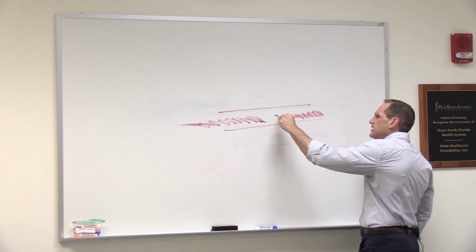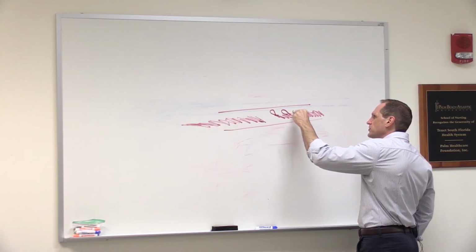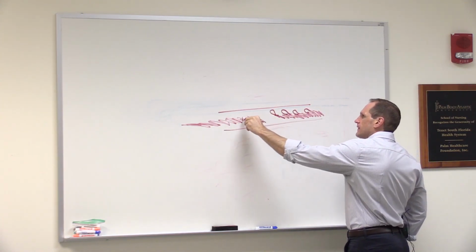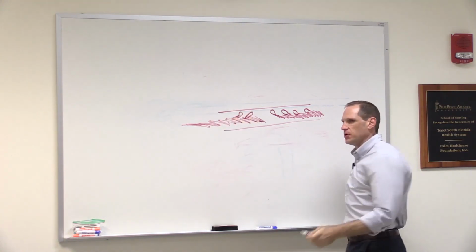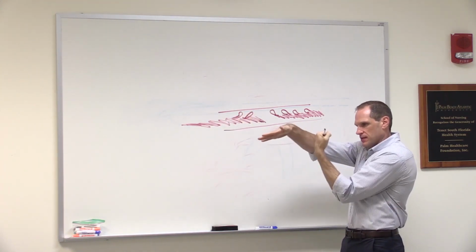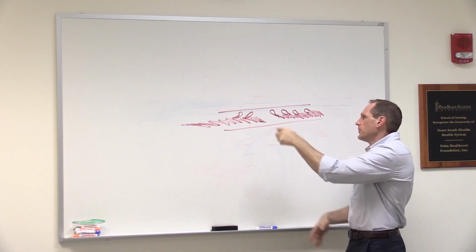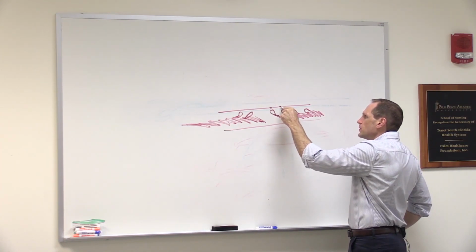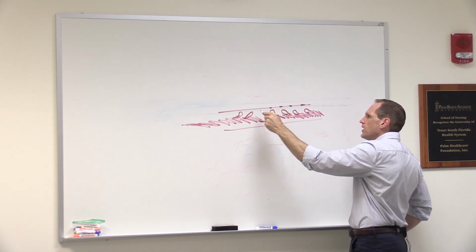The myosin has these little contractile heads on them, right? And so they kind of reach up into the actin and then ratchet inwards. So there are little receptors where the myosin can bind to on the actin.